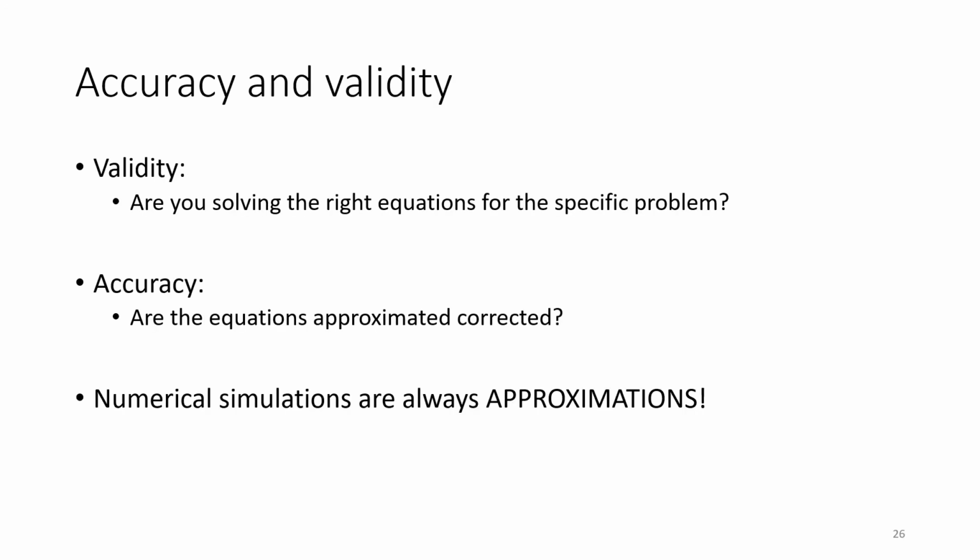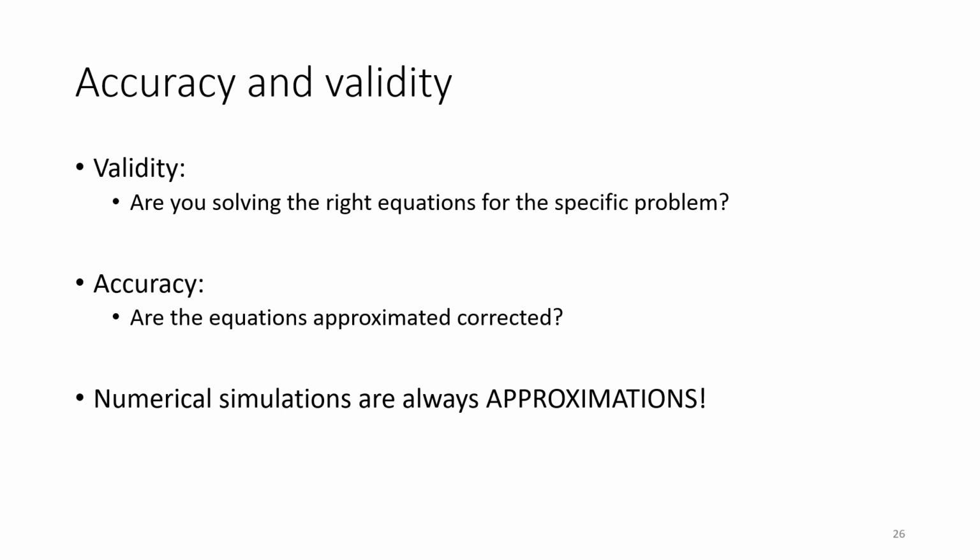Right, and this is also the difference why we don't include the modeling error into this: it is the difference between accuracy and validity. Is my model valid? Am I solving the right equations? Did I make the correct approximations for the specific problem I'm looking at? That is a valid model.